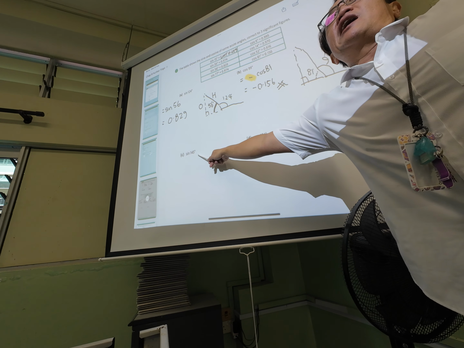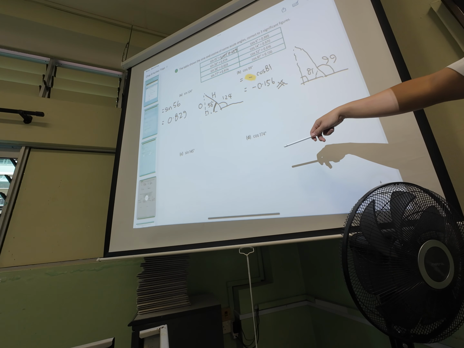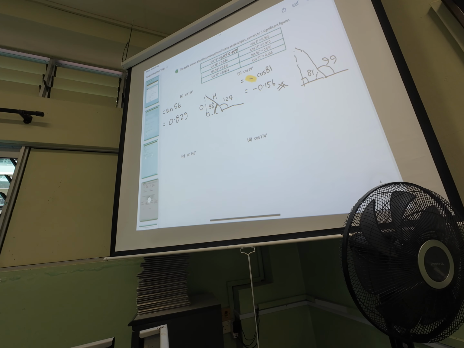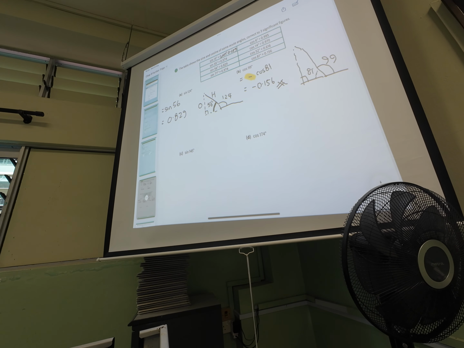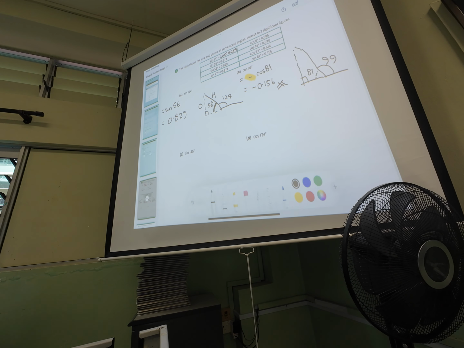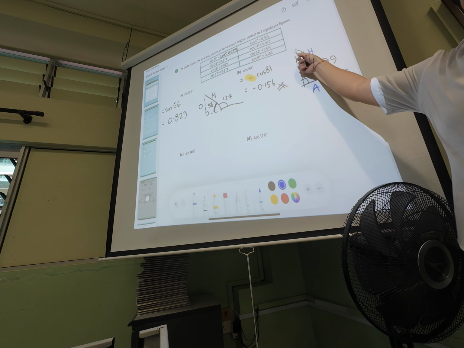Identify this sine is the same as which acute angle, this cosine is the same as which acute angle. So what is the negative? Why do we need the negative? Because when we are talking about the cosine, we want the adjacent divided by the hypotenuse.